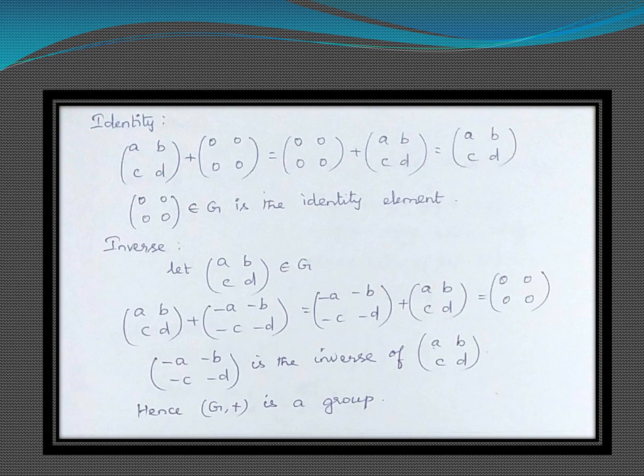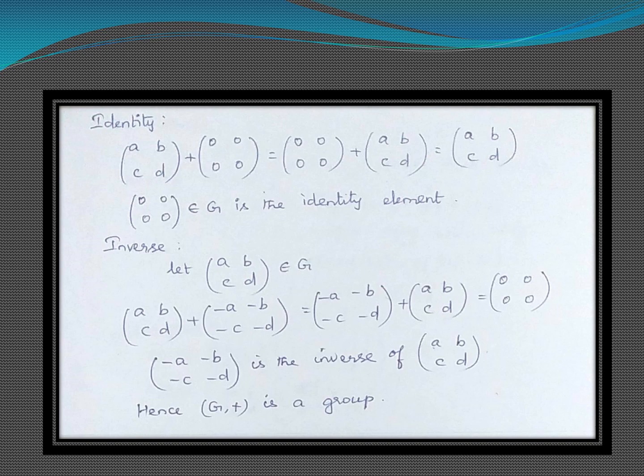Next condition, inverse. I am going to find the inverse for the given 2 by 2 matrix. I am taking the matrix A, B, C, D, and I am going to find the inverse element. The inverse matrix, on addition with the given matrix, will give you the identity matrix, which is 0, 0, 0, 0.